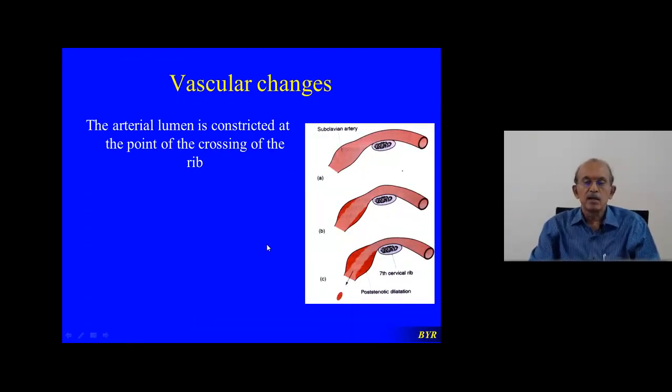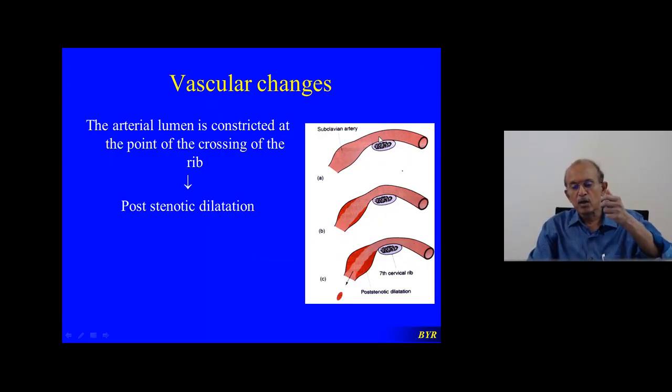Vascular changes. If the vessel is constricted from an extraneous source like a cervical rib, or compressed between the scalenus anticus and the first thoracic rib, what will happen? The arterial lumen is constricted at the point of crossing of the rib. Whenever a vessel is constricted, think of gardening your household plants.